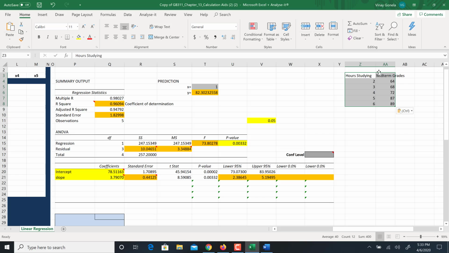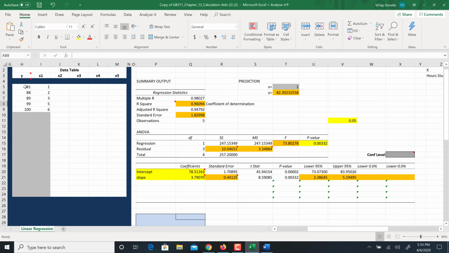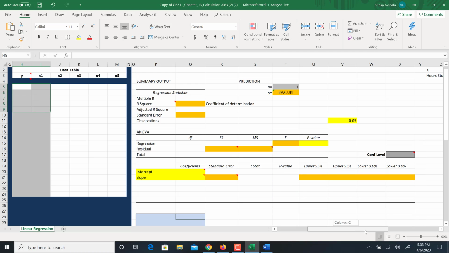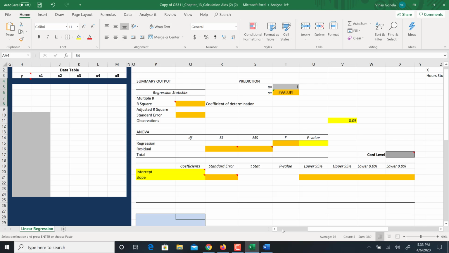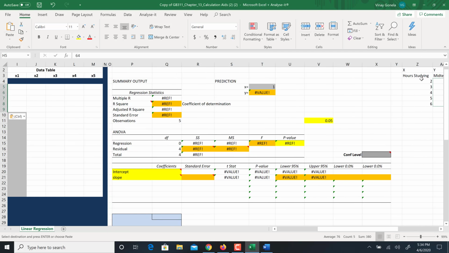So here is the new data. Again, hours of studying is my x and midterm is my y. I will copy those data here. I'm going to get rid of these. My y is midterm grades, so I will copy the y here, and then I will copy the x.